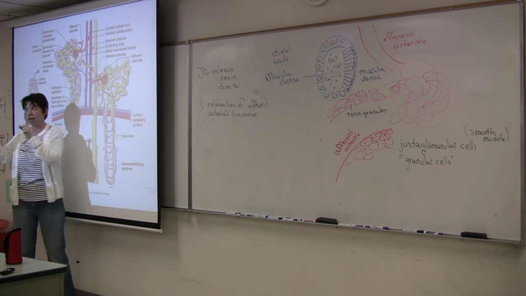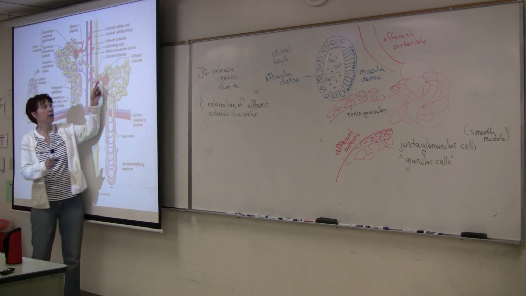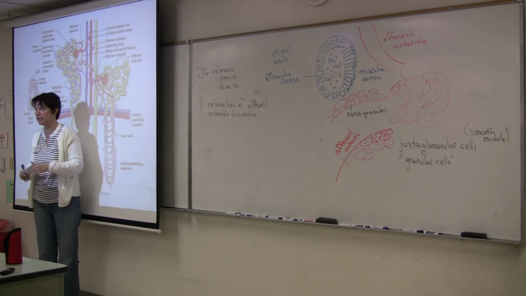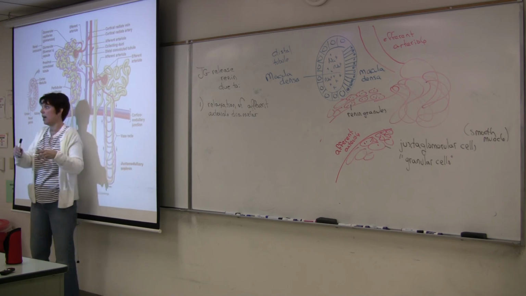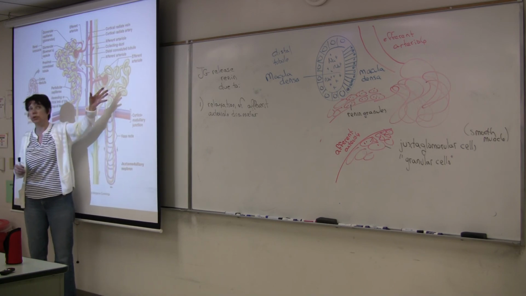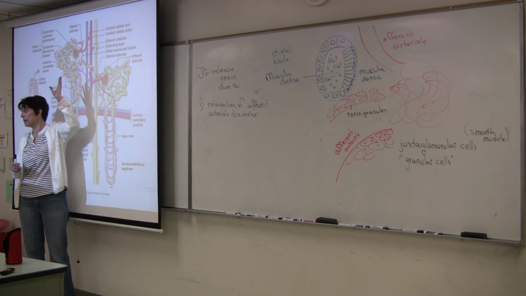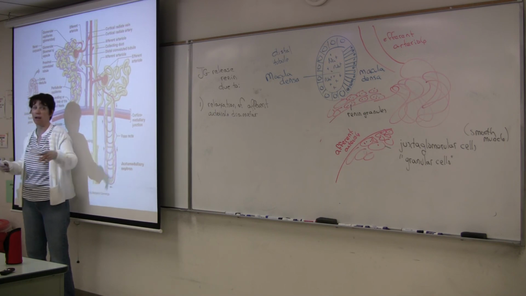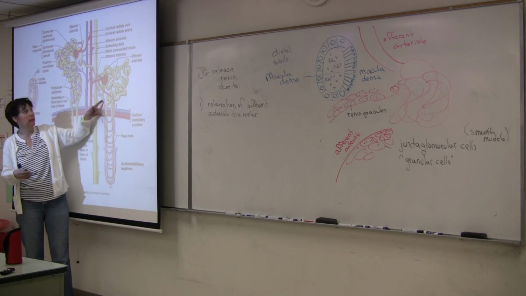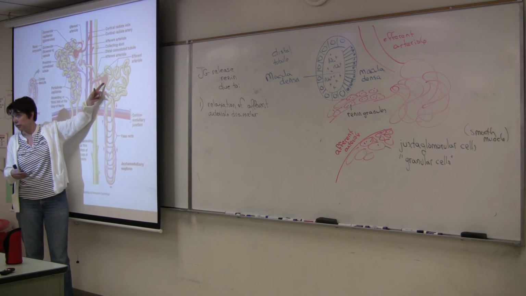So, next concept, if it goes through at a fast rate, are the sodium ions going to have very much time to be taken out of the convoluted tubule and added back to the capillaries? No. So we're going to end up with a higher number of sodium ions in our nephron by the time it comes back through the distal tubule.